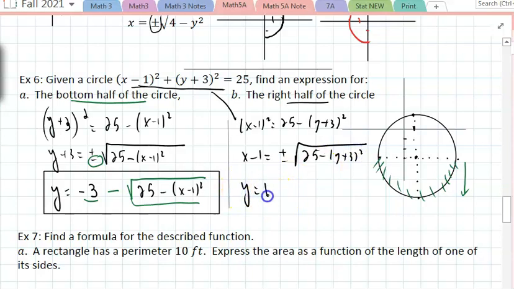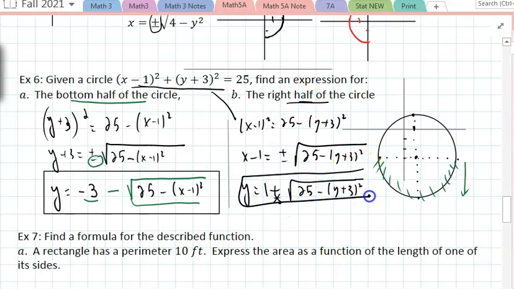And y would equal 1 plus or minus the square root of 25 minus y plus 3 squared. And if you want to take the right half, you want to take the plus. And this is going to resemble the right half of that circle.